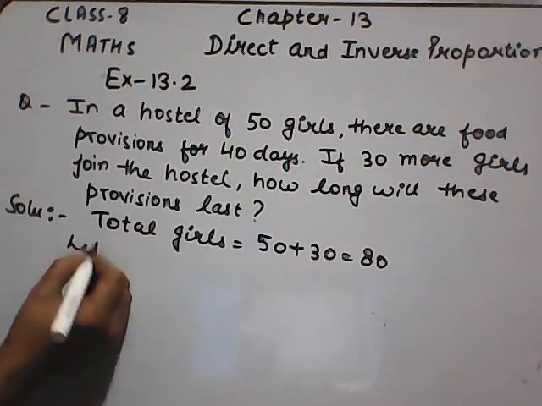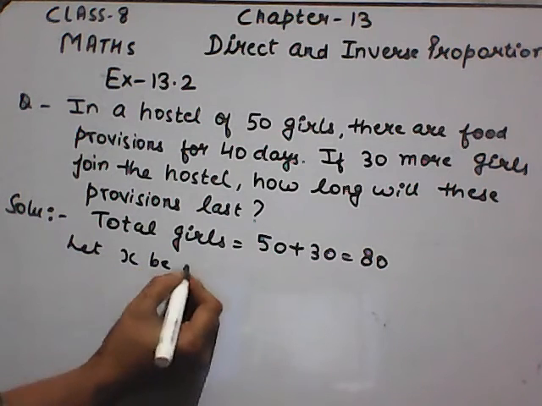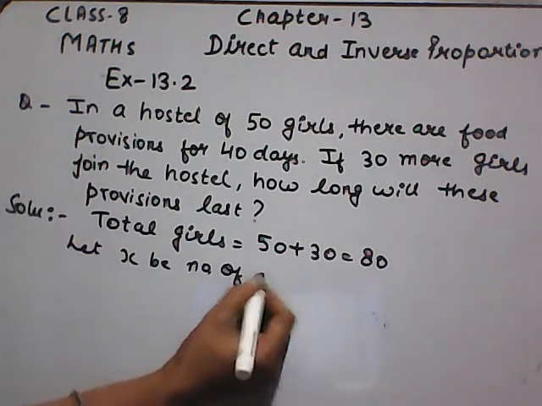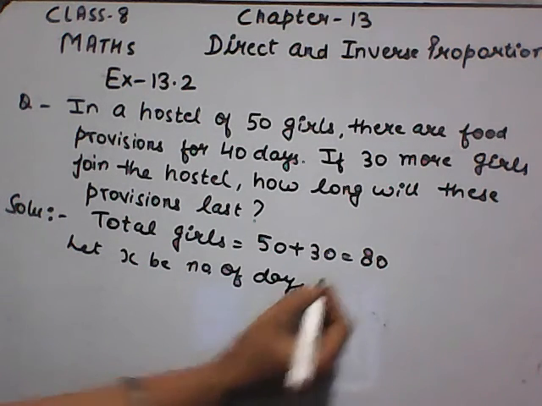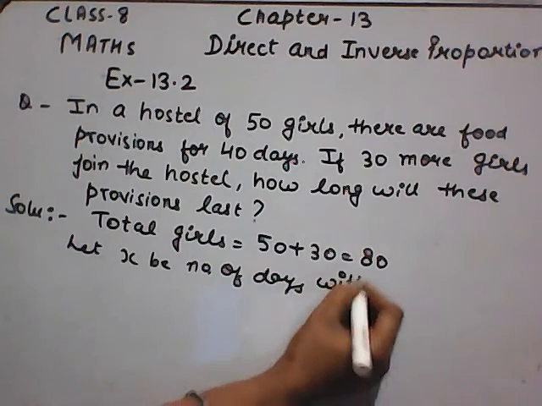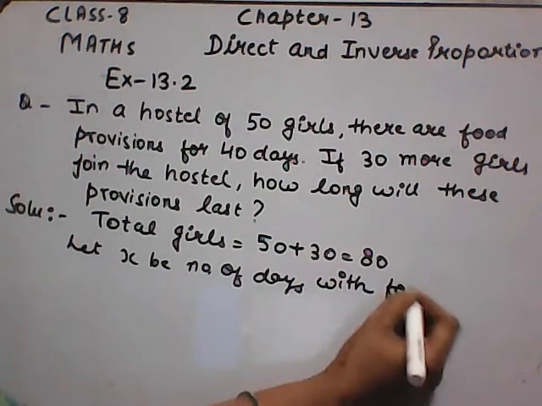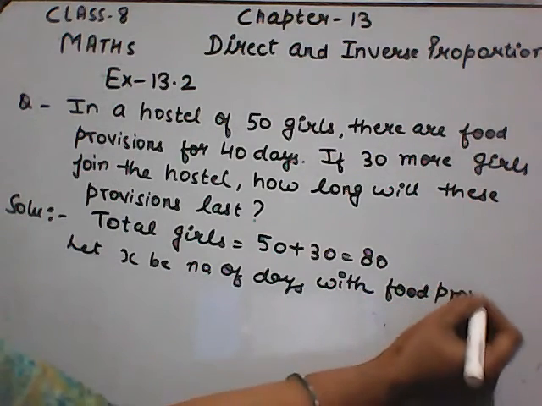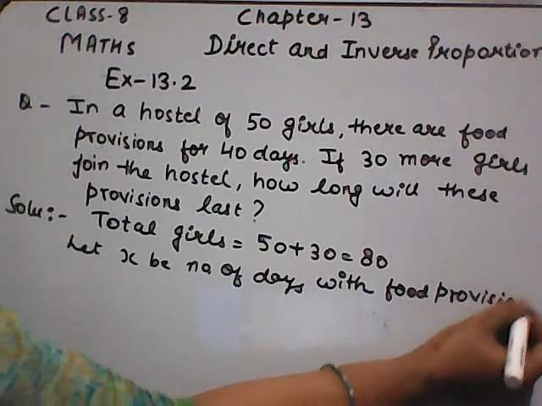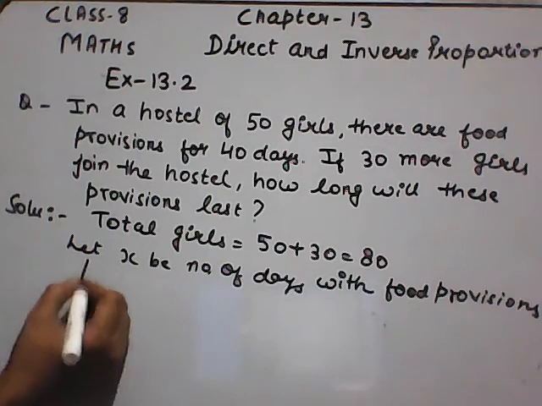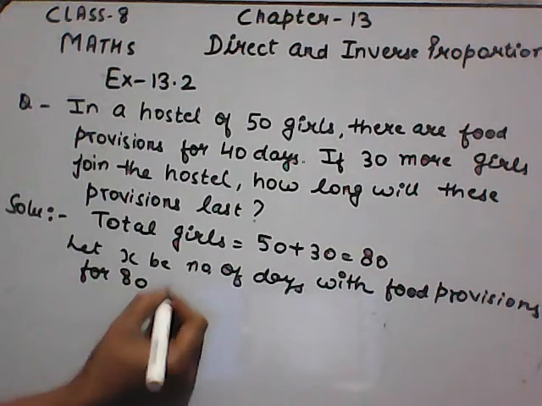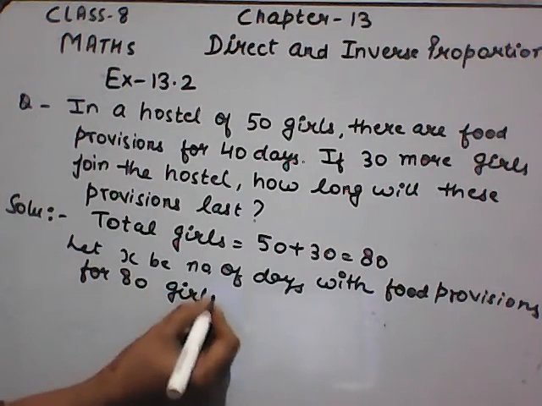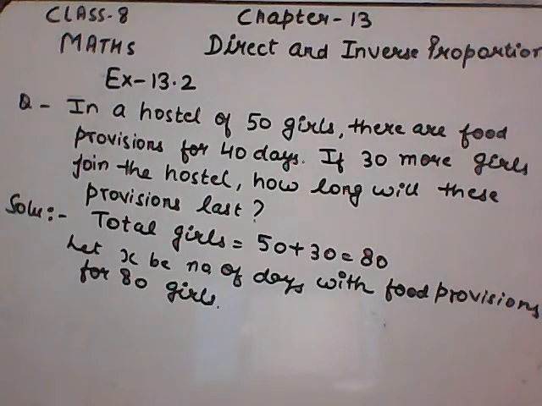Let X be the number of days with food provisions for 80 girls. Now you have to find out how long these provisions will last. That means for 80 girls, how many days the food provision lasts.